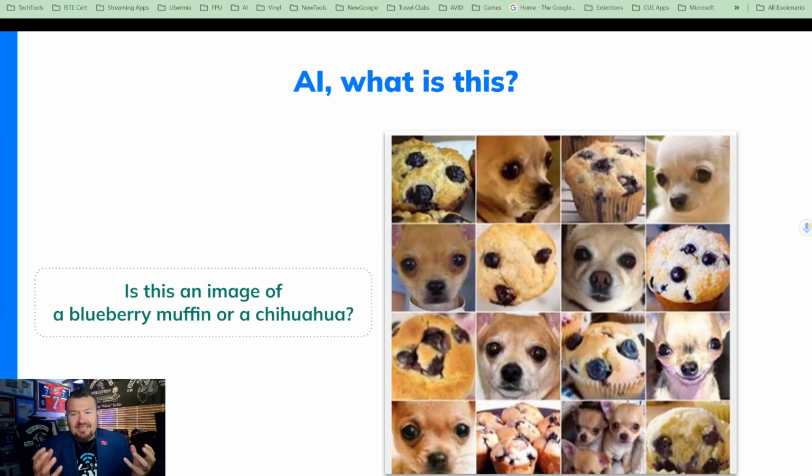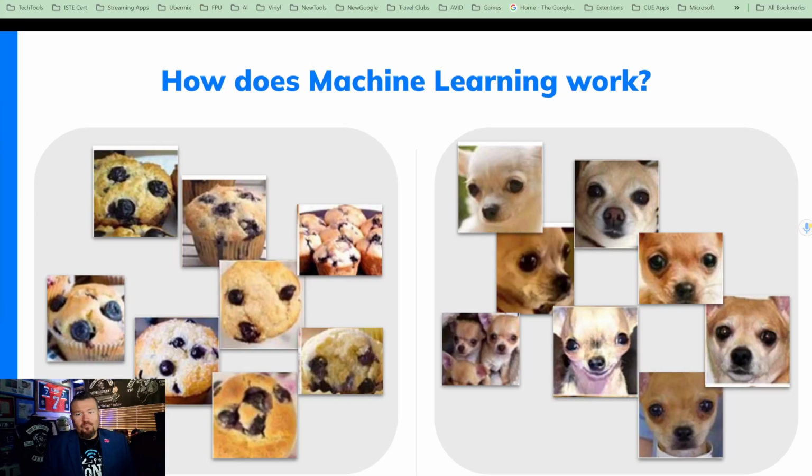And through these images and labels, it begins to learn what attributes to the characteristics of a muffin and what attributes to the characteristics of a cute, cuddly chihuahua. And through this, the machine can learn to tell you the difference between the two.